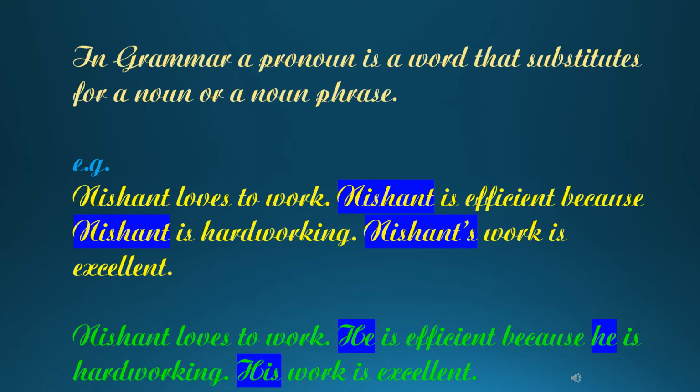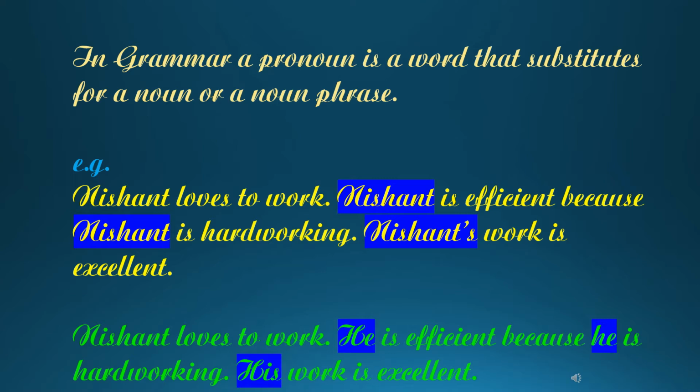First, Nishant loves to work. Nishant is efficient because Nishant is hardworking. Nishant's work is excellent. Here you see how many times we use the same name, Nishant. This set of sentences sounds repetitive.